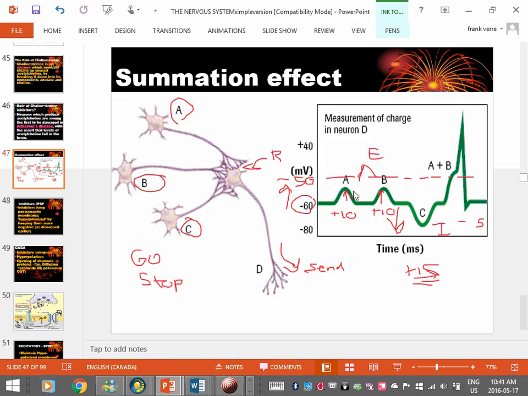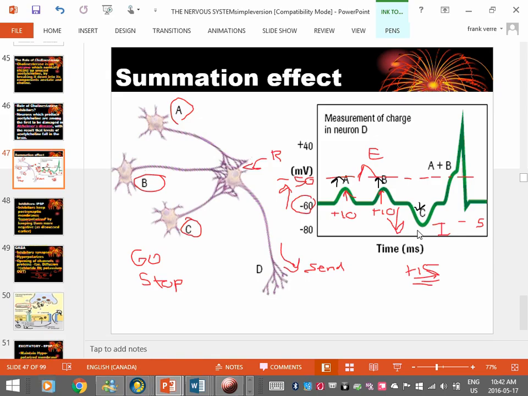Promote. Yep, because it's trying to bump the voltage to that magical value, that threshold value. What about B? Promote. What about C? Inhibit. Any neurotransmitter that pushes the voltage away from that threshold will try to inhibit.